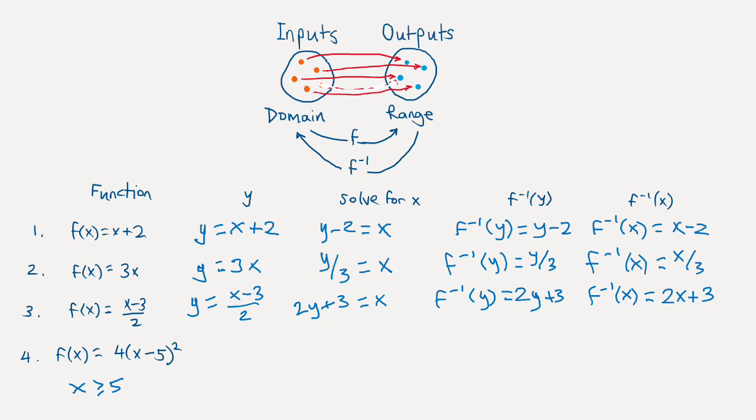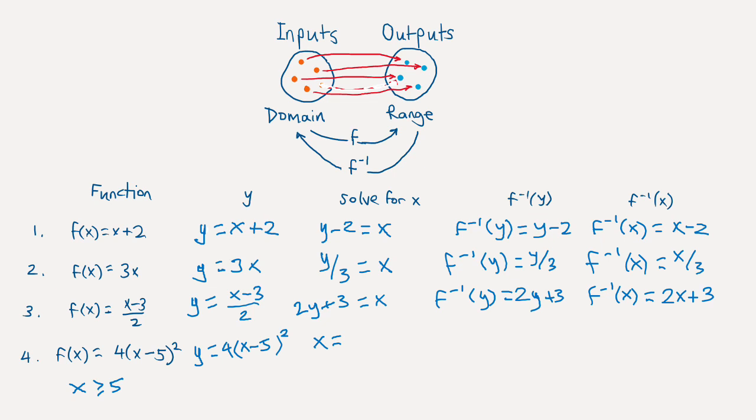Okay, with that restriction, let's go through the steps. First step is to write down y equals 4 times (x minus 5) squared. Next step is to solve for x.